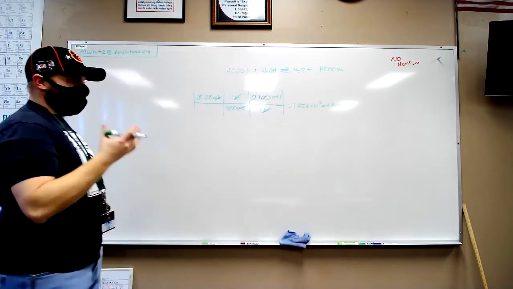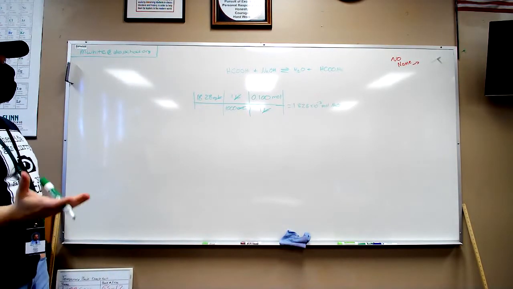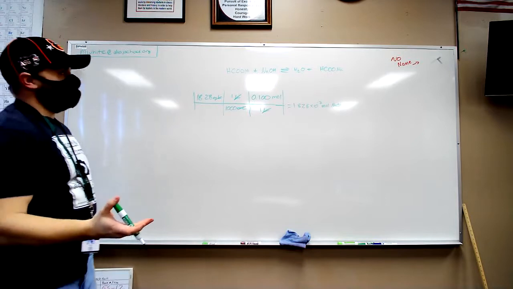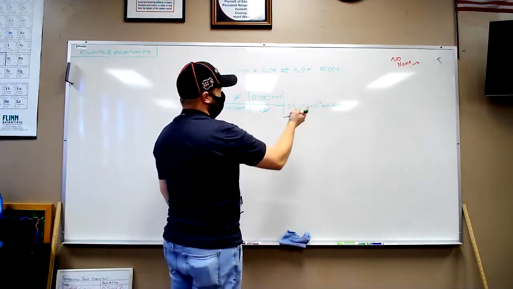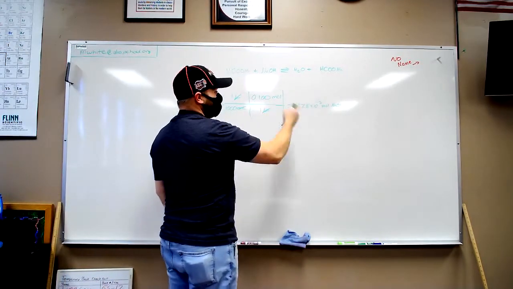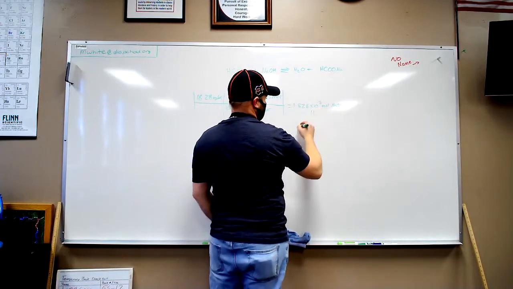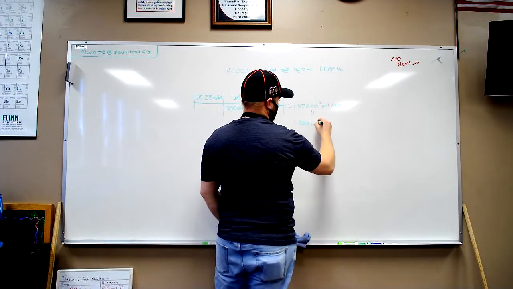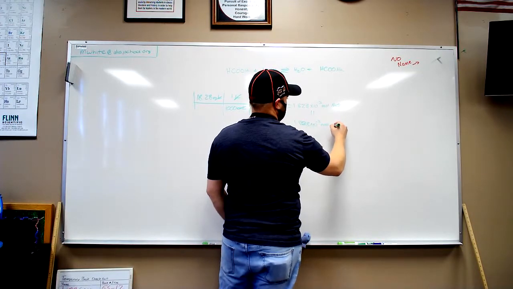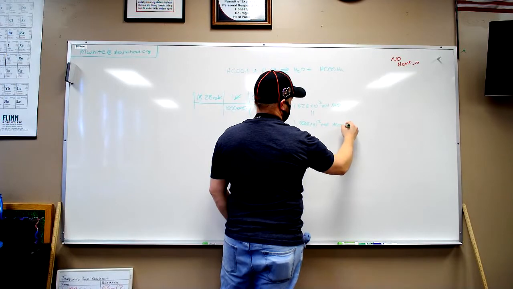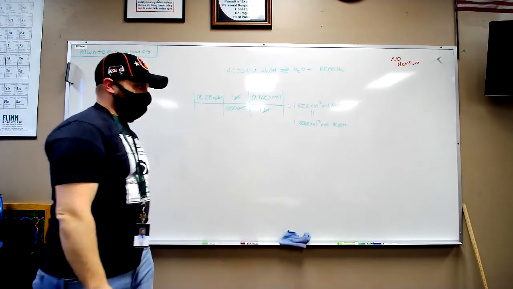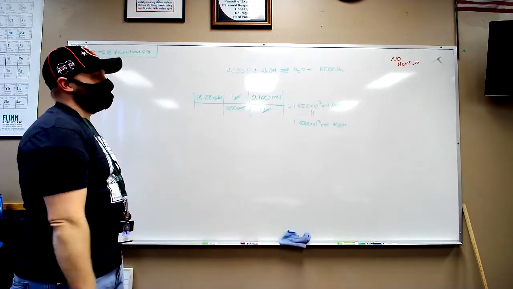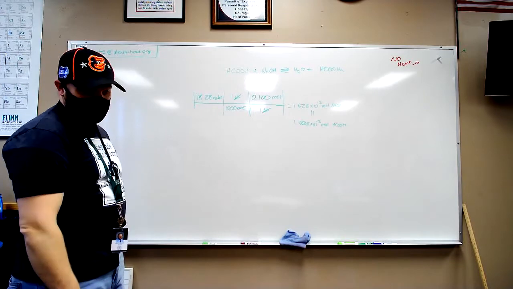Now we, at this point, are going to apply our stoichiometric ratio, which is 1 to 1. So that means we started with 1.828 times 10 to the minus third moles of our methanoic acid.